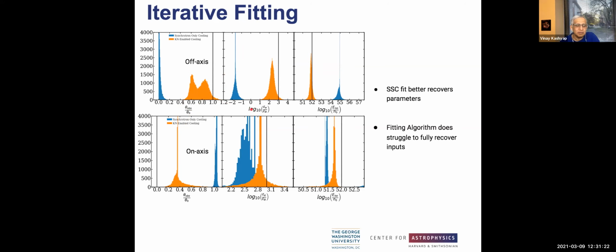And what are you using for the chi-square equivalent? I mean, what is being minimized exactly? So it's minimizing the value of this.